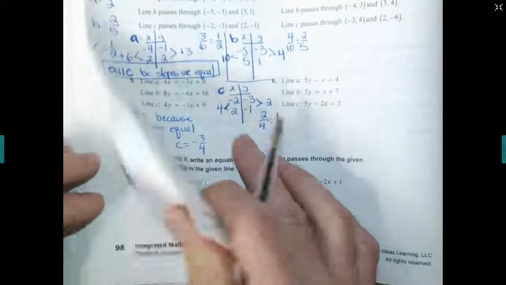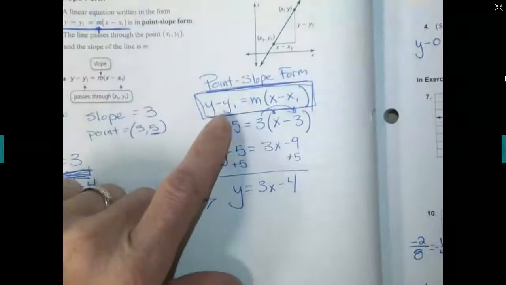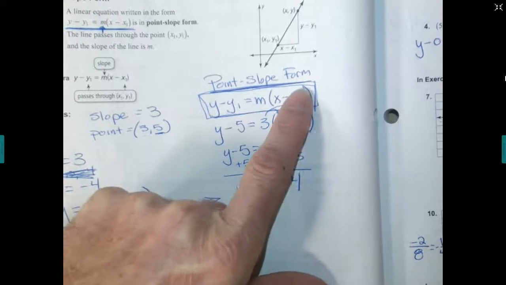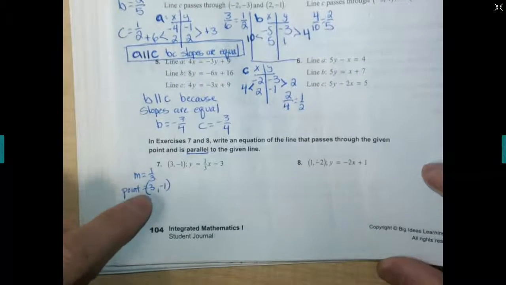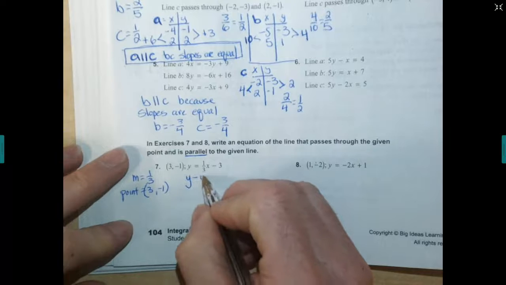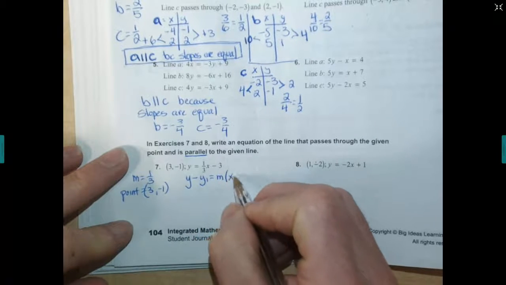You remember yesterday when you had the slope and a point, you were able to write it in point-slope form. So now we have a slope and a point, so we could write it, if you remember point-slope form, y minus y1 equals m times x minus x1.